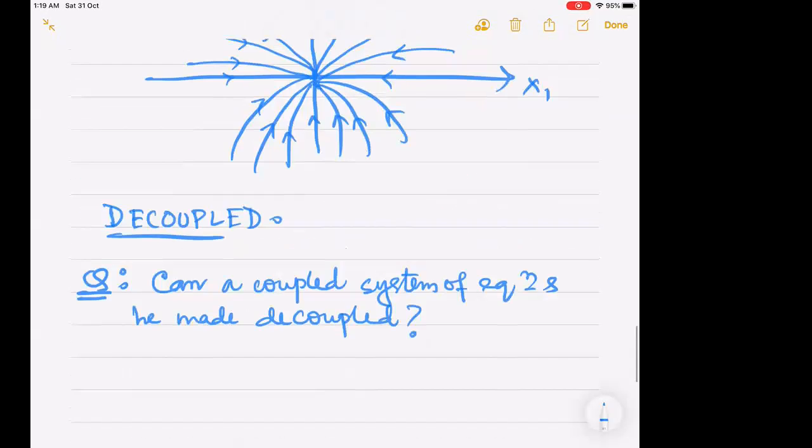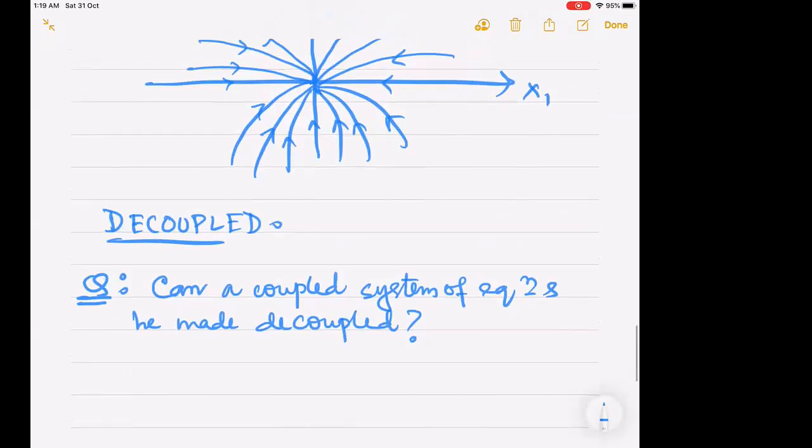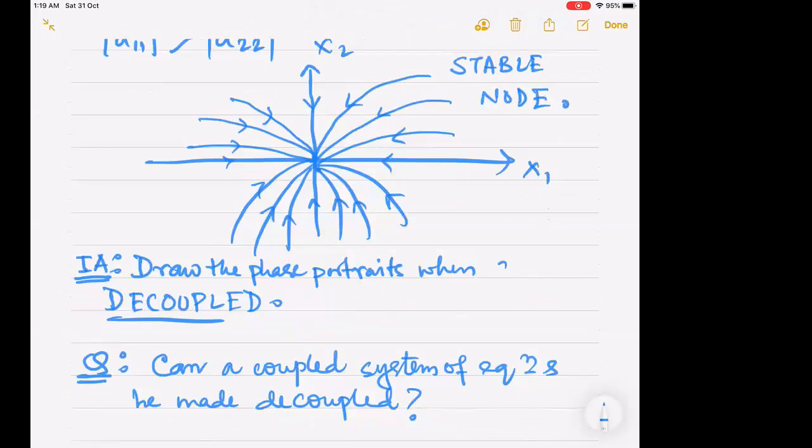At this point, perhaps you can take one immediate assignment problem: draw the phase portraits when the magnitude of a11 is less than the magnitude of a22.